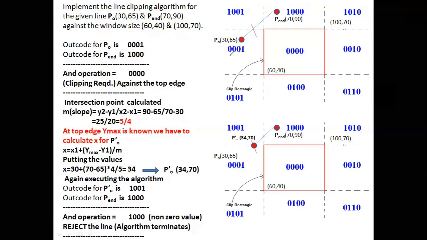The outcode for P naught is this, and the outcode for P end is this.